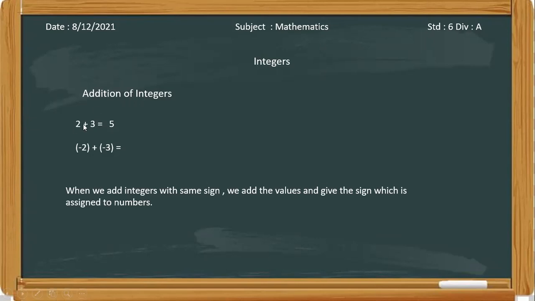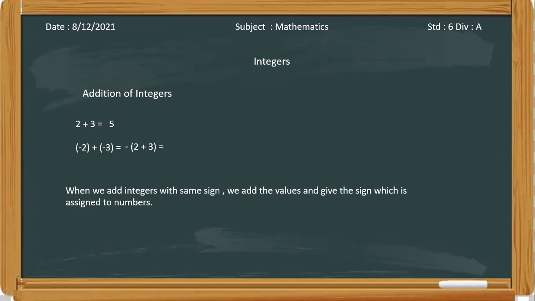In the first example, 2 plus 3 is equal to 5. Both are positive numbers, so we added them and gave the answer a positive sign. The same rule will apply to the negatives also. We will add the numbers and keep the negative sign outside of the bracket, so that we can simply add the numbers.